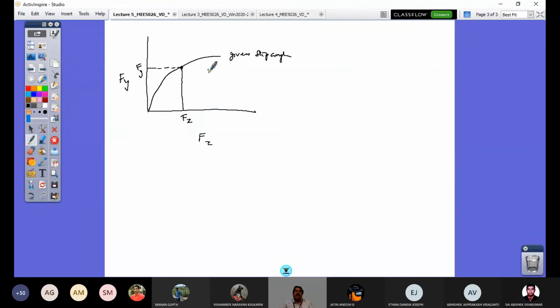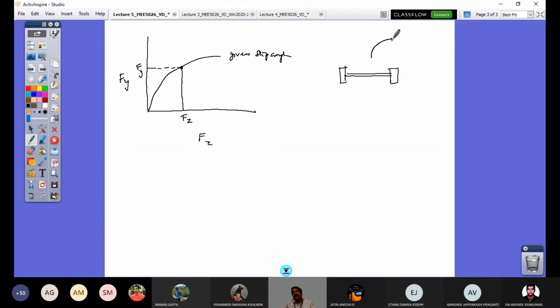Since this variation is non-linear, when I have a pair of wheels on a cross beam of my axle in a vehicle, what would happen during cornering? There is a load transfer in the lateral direction. The load transfer takes place from the inner side to the outer side of the wheel. So I have here a beam axle, just one axle of a vehicle, shown in top view.